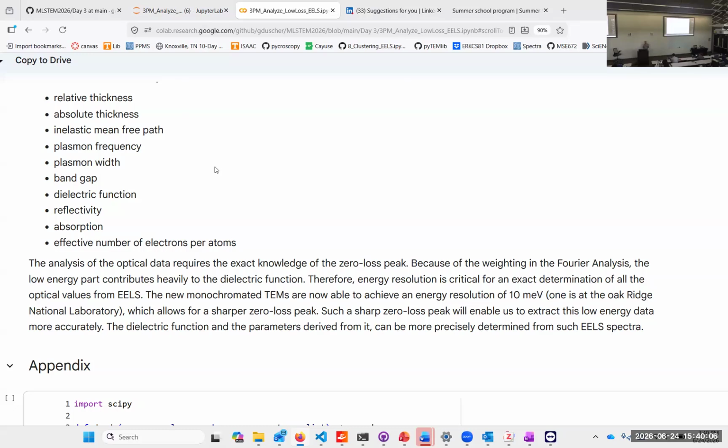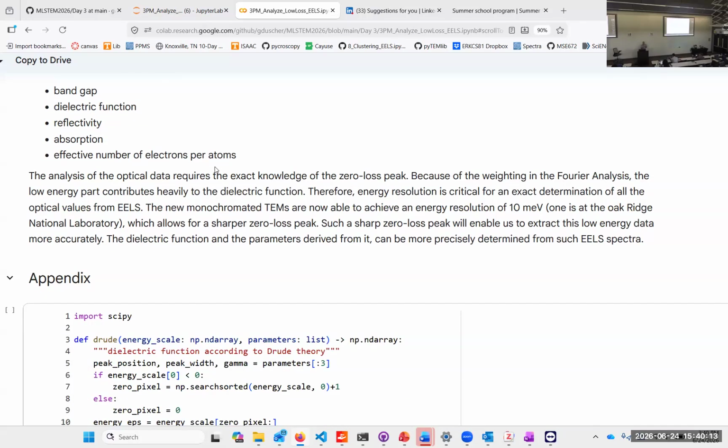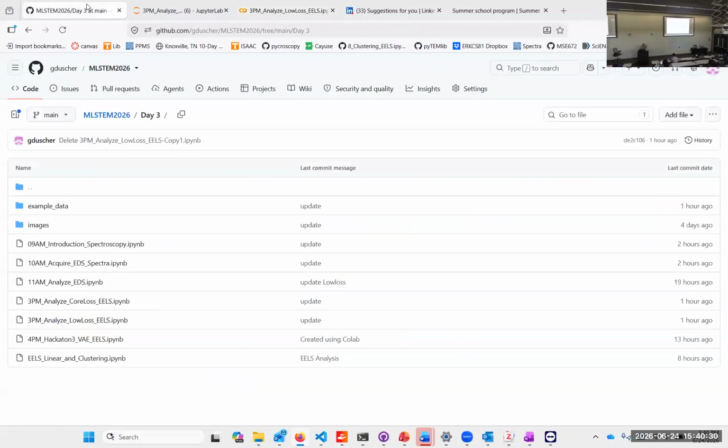And from that dielectric function, you get all the other parts that you need. You need to know the zero loss peak very accurately. That is now done. Okay. Very quick run through the low loss.